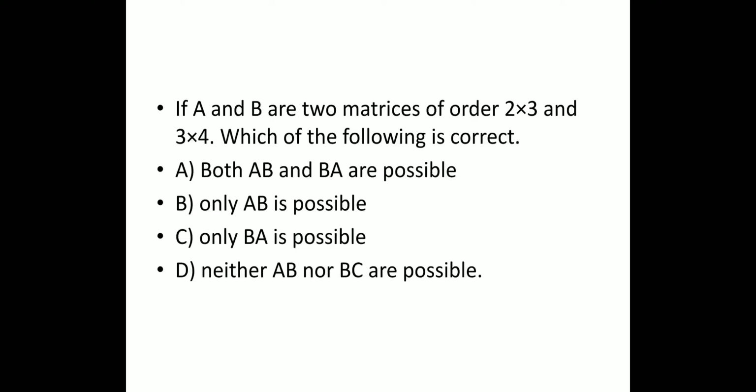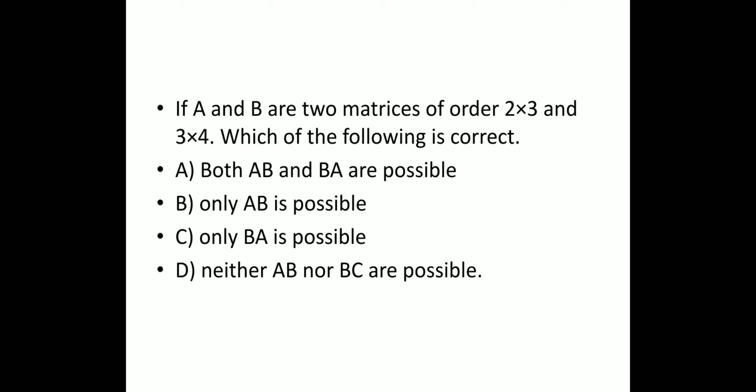Now if A and B are two matrices of order 2 by 3 and 3 by 4, which of the following is correct? Both AB and BA are possible. Is it possible? AB is possible because the number of columns of A is equal to the number of rows of B. But if we multiply B with A, then the number of columns of B is 4 and the number of rows of A is 2.